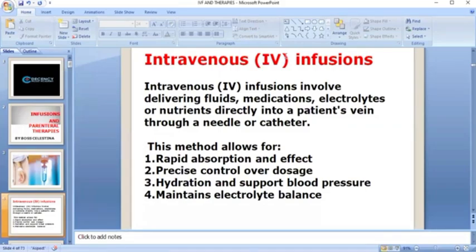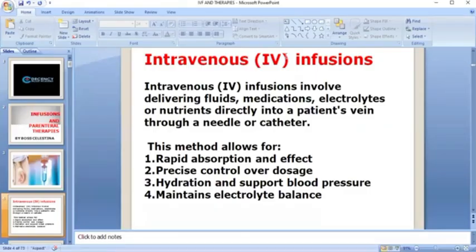So why do we give clients these medications and electrolytes intravenously? It's because if you deliver them through this route, there will be rapid absorption of the substance, and there will be what? Rapid onset. The thing will start acting immediately. So we have rapid absorption for rapid effects.